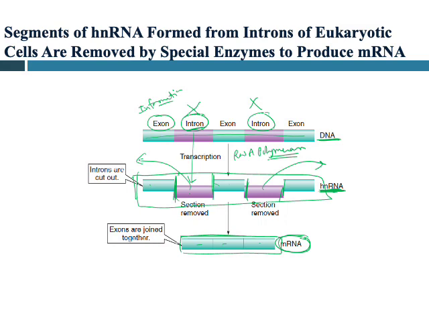So make sure you understand this. DNA forms heteronuclear RNA because DNA has introns, and during transcription this intron also gets transcribed into an RNA molecule, right? But we don't want this intron. It is cleaved out after you make the heteronuclear RNA, and then all the green exon parts get attached together through an enzyme, and this special molecule we call mRNA.